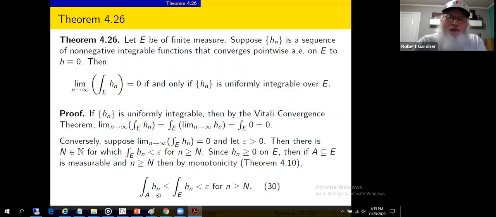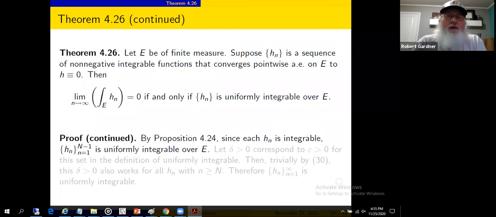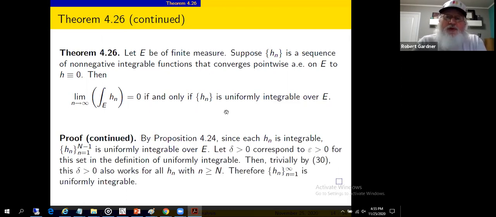That's good behavior for uniform integrability. That was everything except h1 through h sub capital N minus 1. Well, that's a finite collection. Each of those is integrable, so they form a uniformly integrable collection because there's only a finite number of them. So we're in good shape to get uniform integrability.